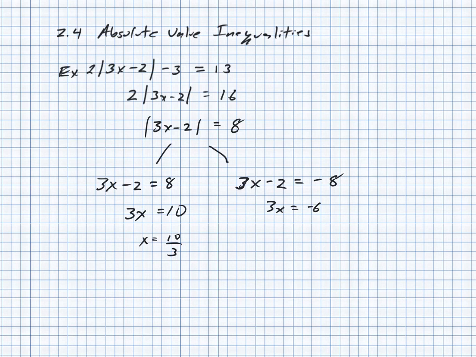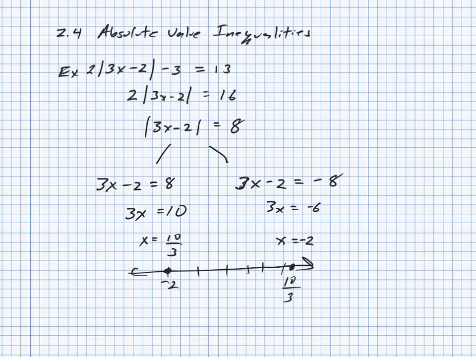Dividing by 3, x is equal to negative 2. So these are my two solutions. You would just graph them on the number line, and you'd be done. Negative 2 here, and 10/3 is 3 and a third. So you go negative 1, 0, 1, 2, 3, and a third somewhere over here is 10/3. So done. That's it. Just two dots.